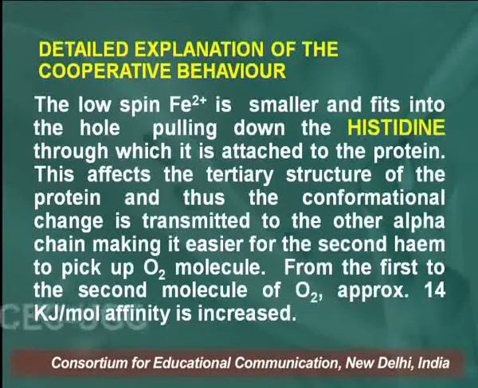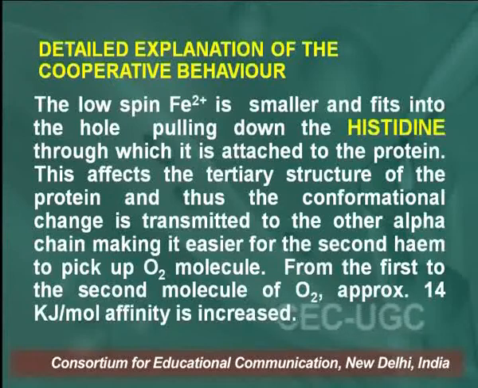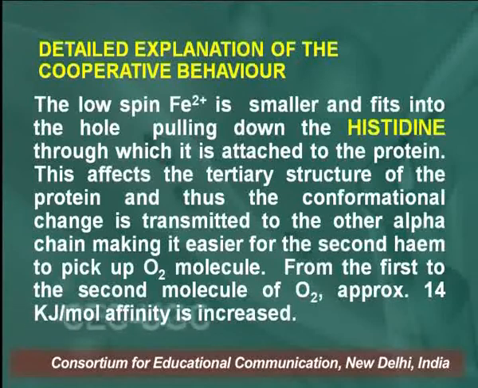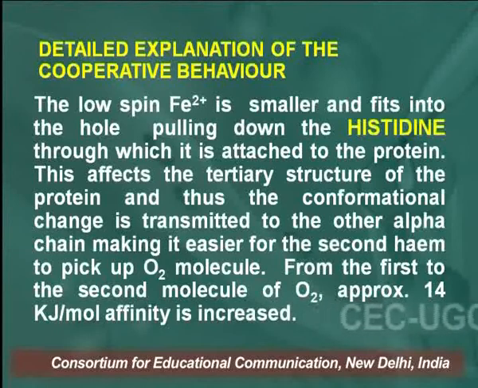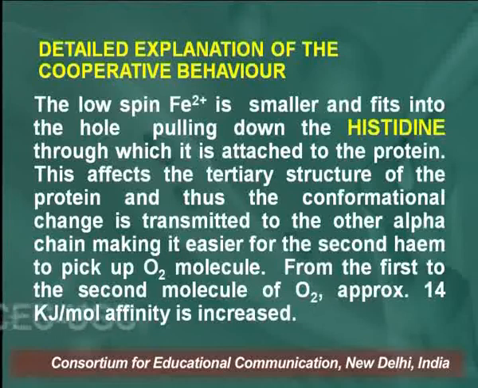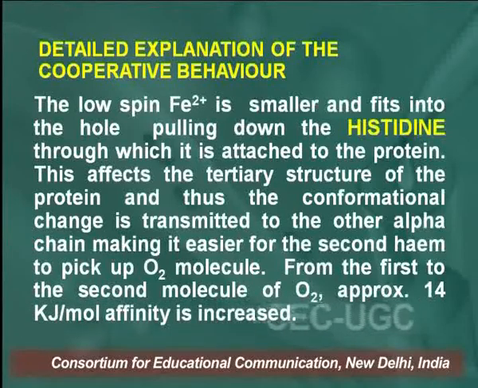When we were discussing the structure of hemoglobin, we had said that the ferrous ion has four porphyrin nitrogens attached to it, the fifth position is occupied by the histidine unit, and the sixth position is occupied by oxygen in the case of oxyhemoglobin, and water or carbon dioxide in the case of deoxyhemoglobin.